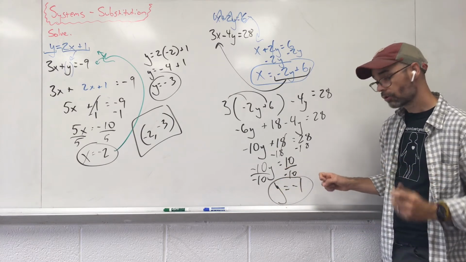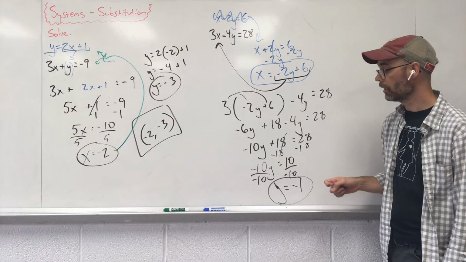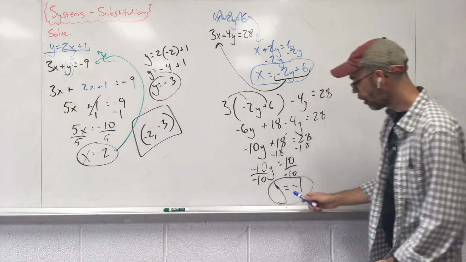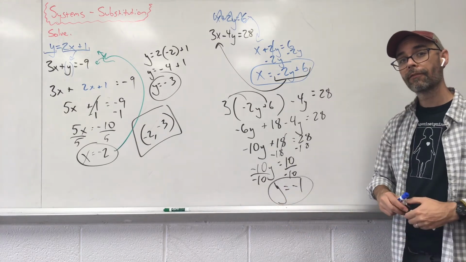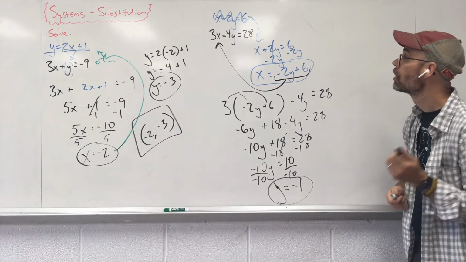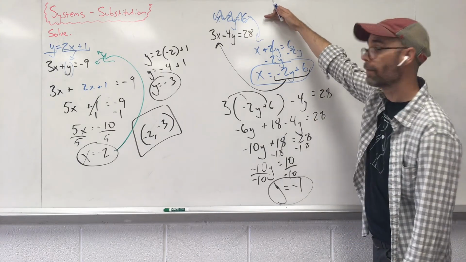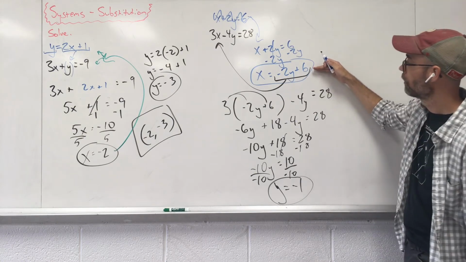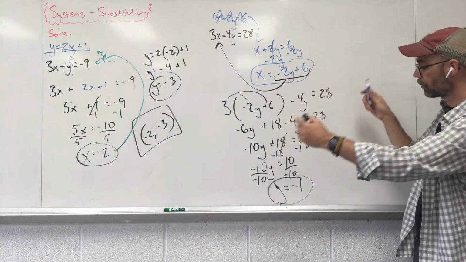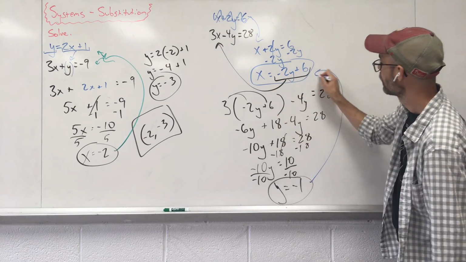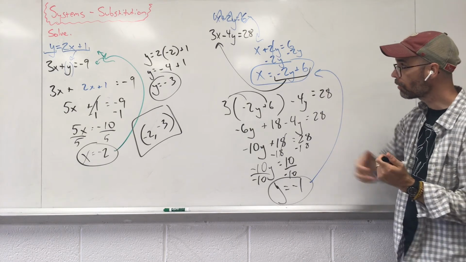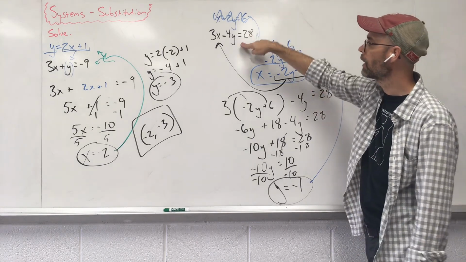Great. It's only half our answer. We need to finish it. So I know what y is. I need to find what x is. So luckily, my first equation, we figured out x equals some expression. I want to take this. Let's plug it in there. I could plug it back into my original. I could plug it back in up here.